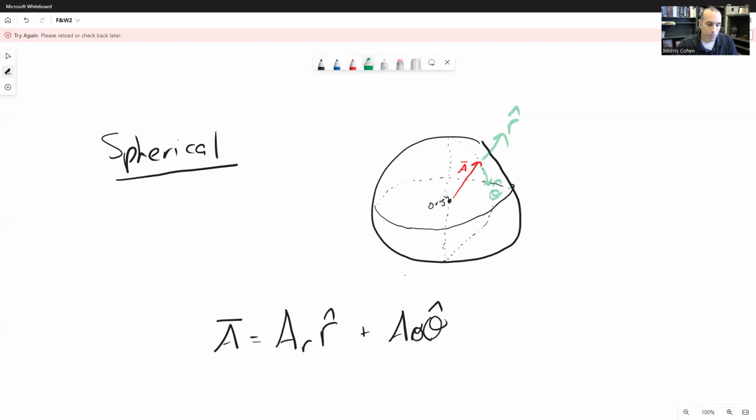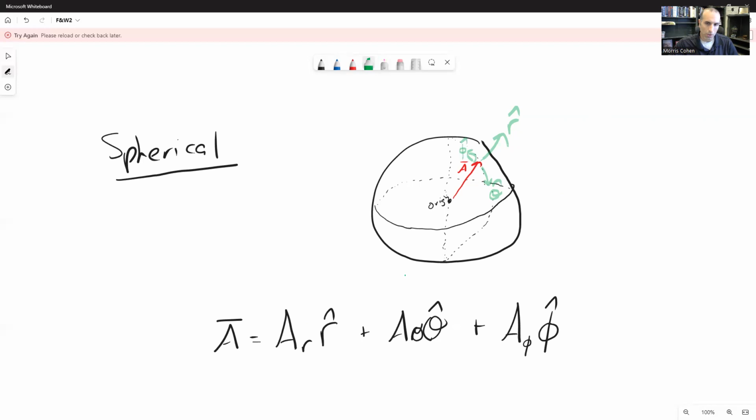Okay. The third component is the phi component. This will be a phi component in the phi direction. And that is basically going to be pointed around the circle in this direction. Right, so that is the phi hat vector.